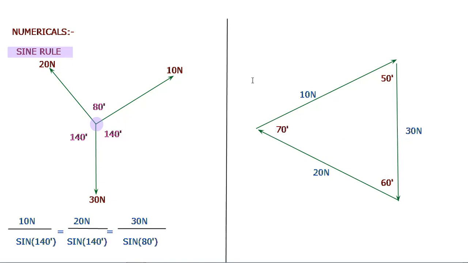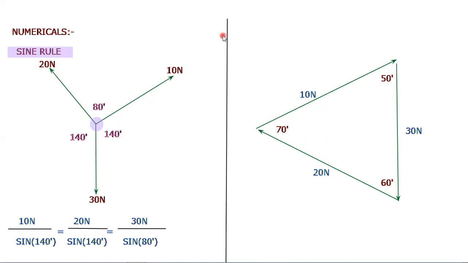The addition of the three angles is 180 degree in the case of a triangle, and here the addition is 360 degree in the case of the whole complete circle. So this is the difference between these two cases.